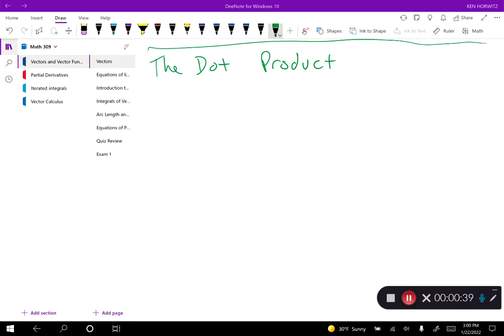So let's say I have vector u, which equals u1, u2, and then I have vector v, which is v1, v2.